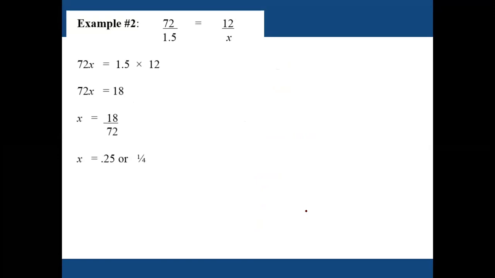We have another example: 72 divided by 1.5 equal to 12 divided by x. How do we find the value of x?